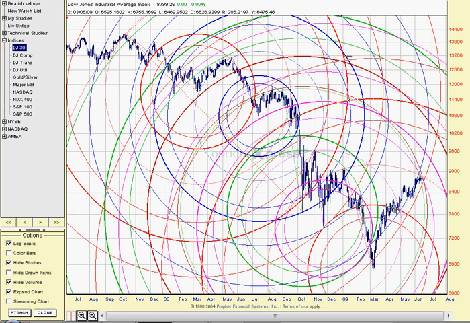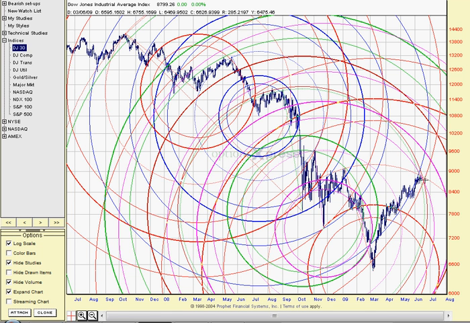And what I want to show here is that there are a number of cycles that are intersecting right in this area of the chart, between the middle of last week and the middle of this week.